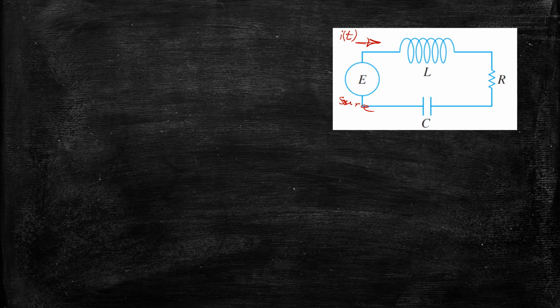So for example here, if we are trying to solve this circuit, it means to find this current or to find the voltage over any one of these elements in the circuit.